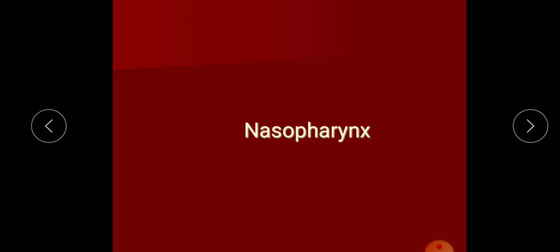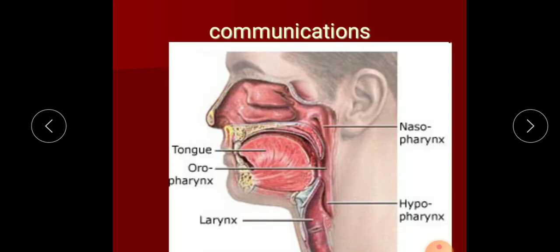So now we are starting with the nasopharynx. This nasopharynx communicates with what all? One you already know: it communicates with the nasal cavity through the posterior nasal aperture or choana. This is the nasal cavity, this is the nasopharynx, and through the posterior nasal aperture the nasal cavity communicates with the nasopharynx.